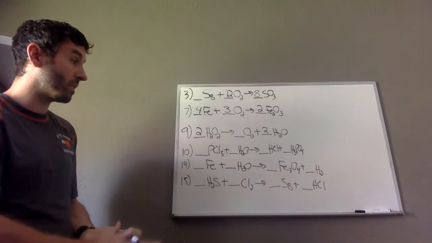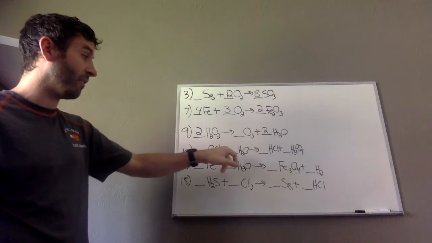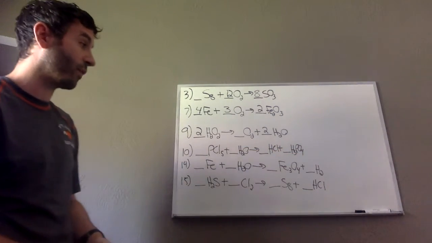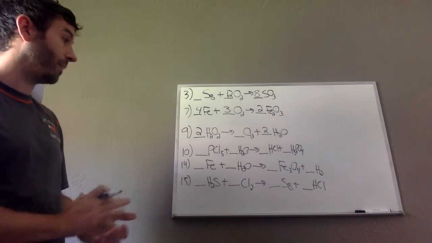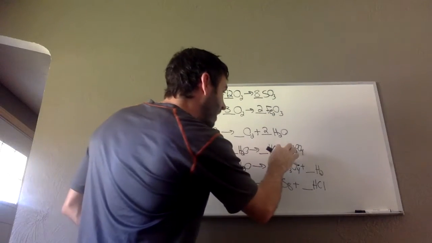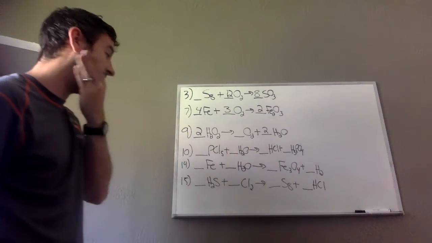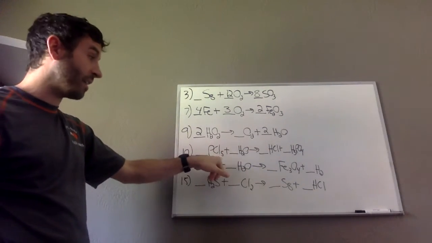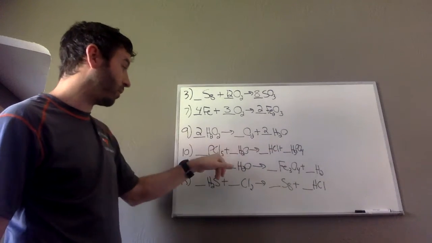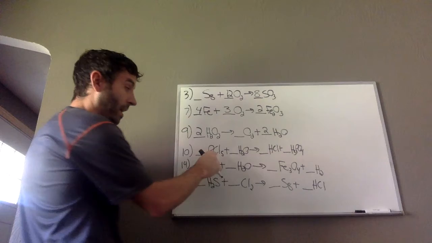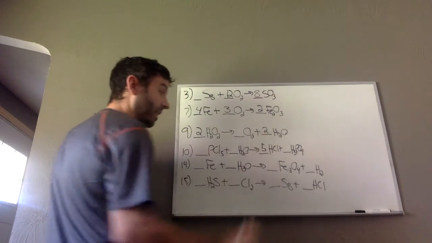Okay, next one. This one's a little bit difficult. PCl5 reacts with water to form hydrochloric acid and phosphoric acid. So, that's an HCl. That's not a plus sign, or a hydrogen. I immediately notice I have 5 chlorines here, and only 1 here. So that would be my first step. I have 5 here, so I need a 5 over here.